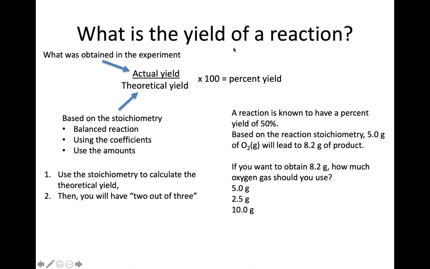Let me send that one to you as a polling question. I'm curious what you think. Based on the stoichiometry, if you start with 5 grams, it would give you 8.2. However, it says the yield is only 50%.